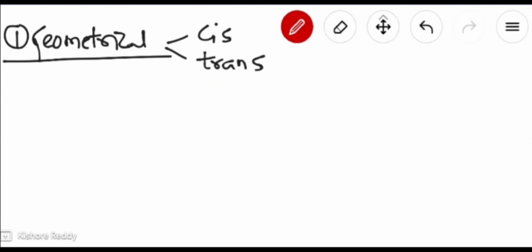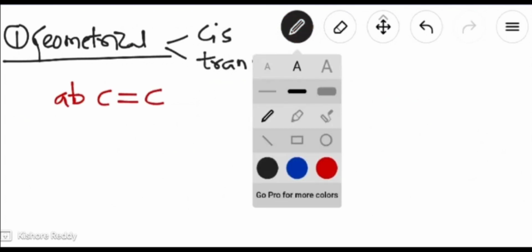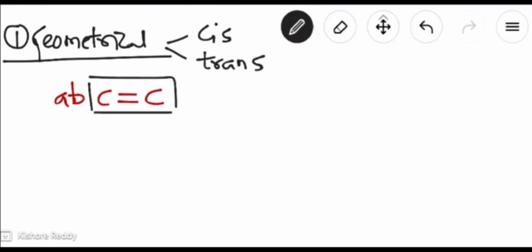Right, number one is, if you are taking AB, and C double bond C, the isomerism is surrounding the carbon double bond carbon. So on one side you have AB, and on the other side you also have AB. Let me take it like this, C double bond C. So geometrical isomerism is shown by alkenes.